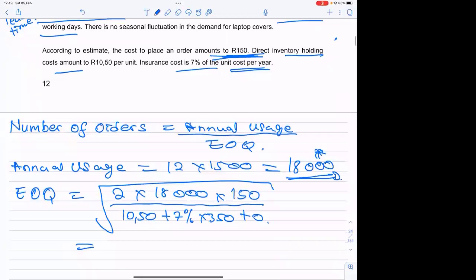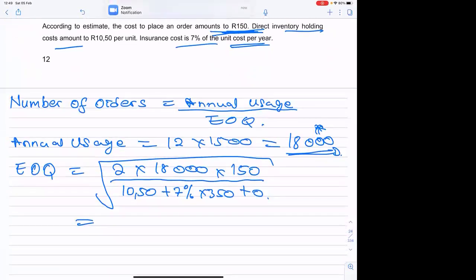All right, so our EOQ, good people, give me the numerator and the denominator separately. How much is our EOQ? 392.79. I need the answer one by one. The numerator? It's 5,400,000, divided by 35.